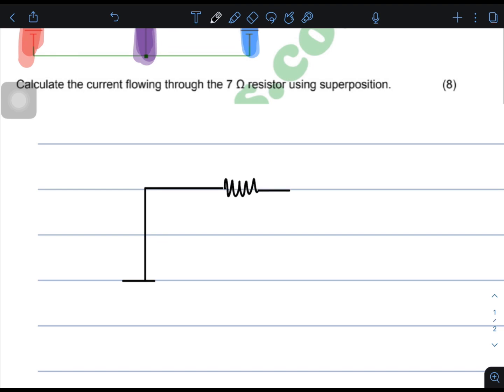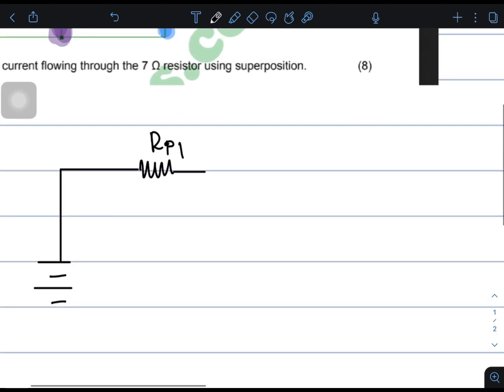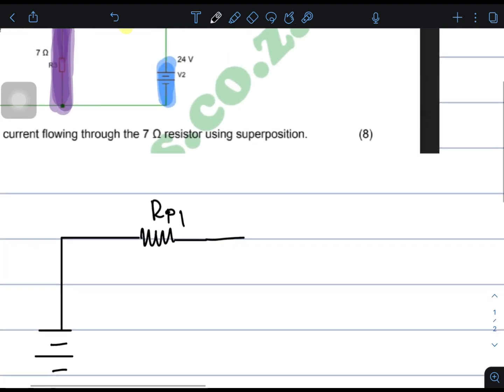Let's call this R parallel 1, then let's call this R parallel 2.